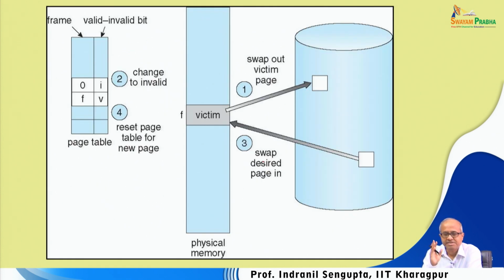Now, the stepwise what happens is that once you select a victim page, suppose you select a victim page, let us say in physical memory you select any one page which you want to remove. First step is you swap out the victim page.